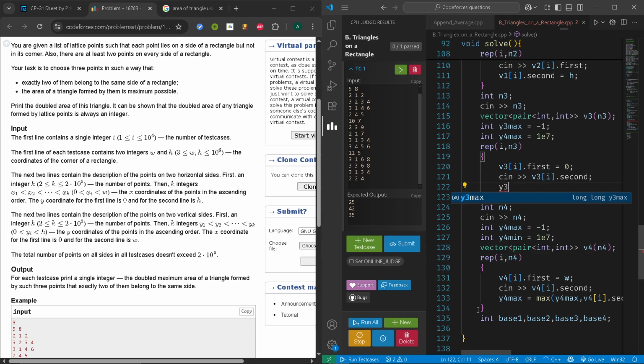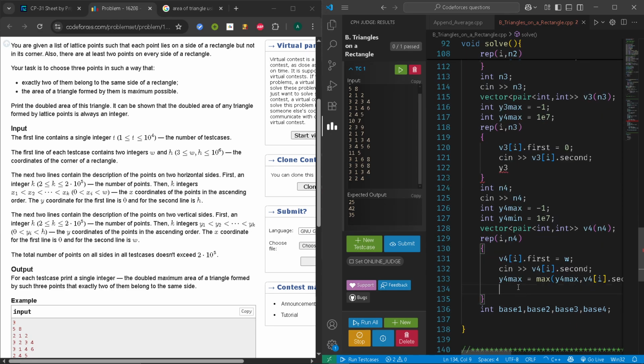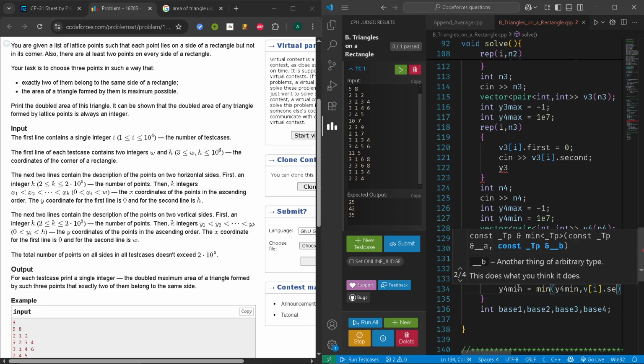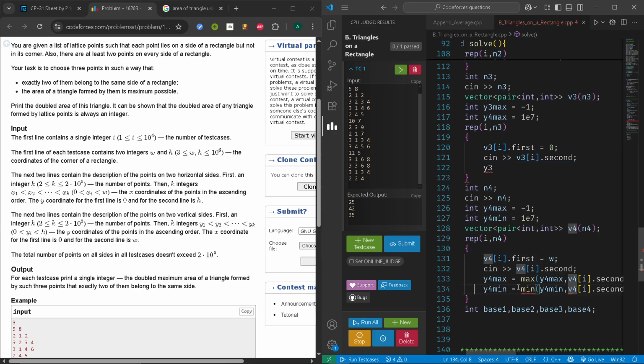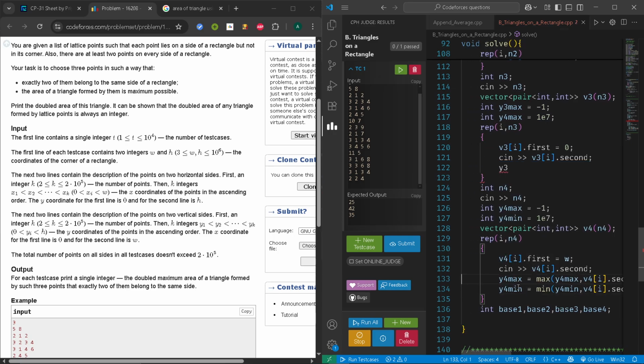I forgot about the minimum coordinate. y3 min, y4 min, minimum of y4 min comma second. What I'll be getting is then the base value, I mean the length of the base.